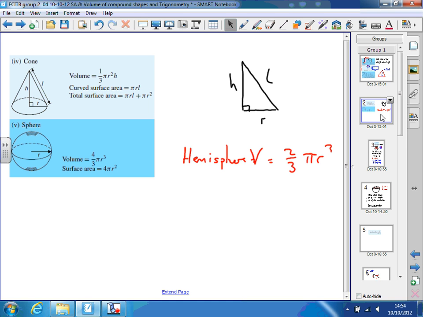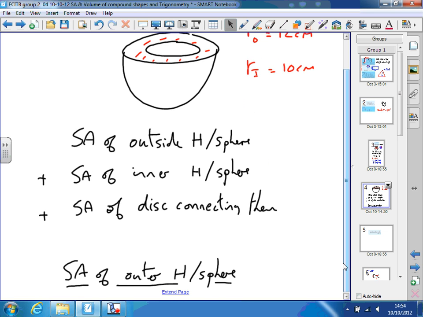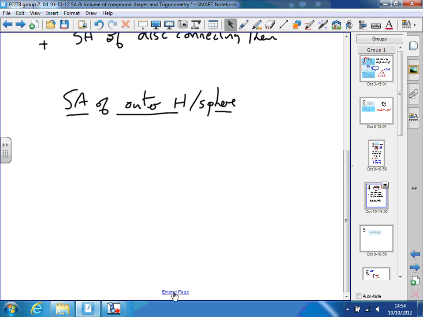So what's the surface area of a hemisphere? 2 pi r squared. So surface area equals 2 pi r squared. We can substitute in our value for r for the outer hemisphere and work out the surface area. And similar for the surface area of the inner hemisphere.